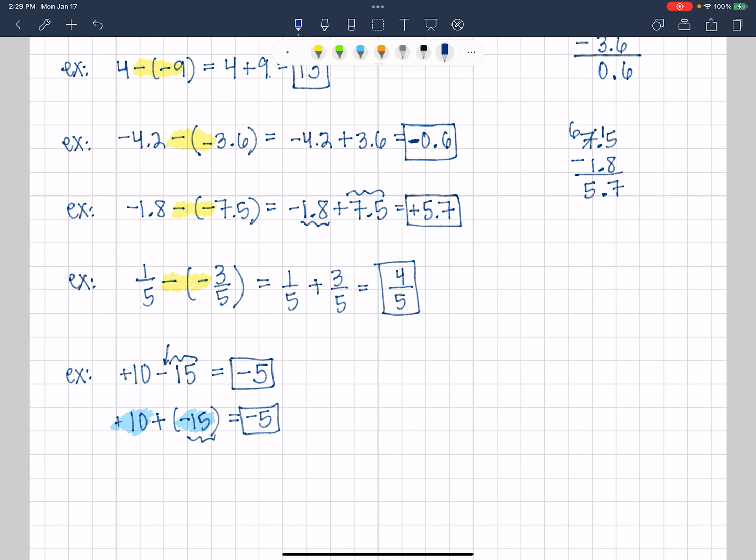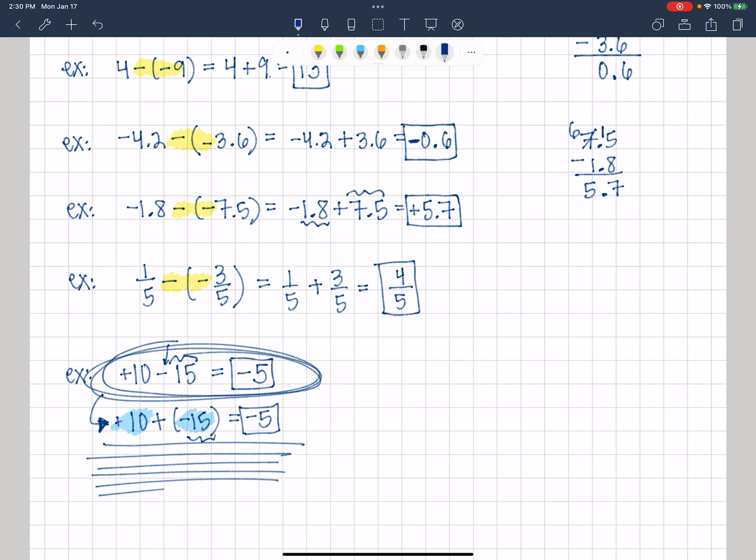If you can't do this problem the way I just showed you without having to rewrite it, that's fine. Rewrite it, and I promise after you do this problem quite a few times with practice, you'll be able to skip having to rewrite it as an addition problem.